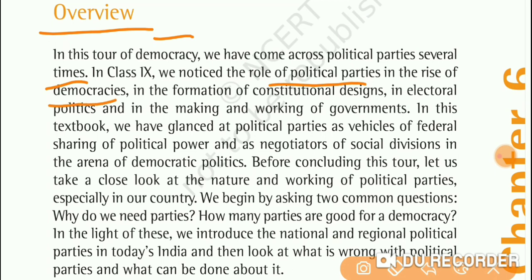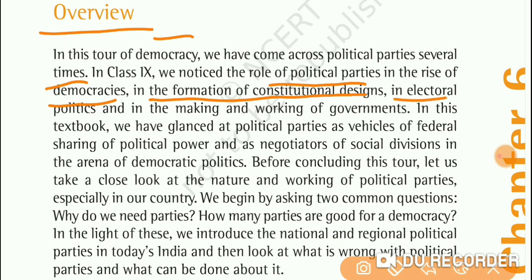Previous year we have studied the expansion, establishment and rise of democracy, and we have also come to know the important role played by political parties in the rise of democracies as well as in the formation of the constitutional design. We saw how several political parties such as Congress and many other parties played an important role in designing the constitution for our country.